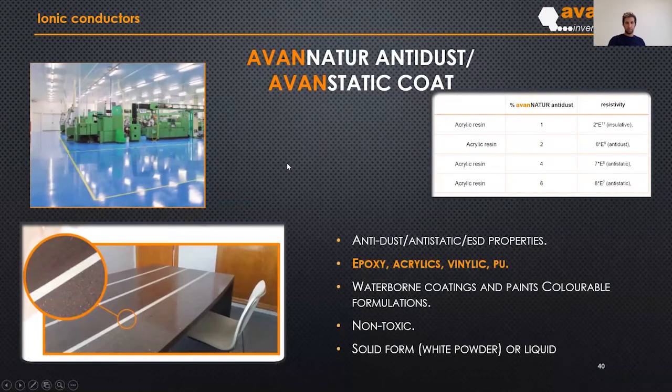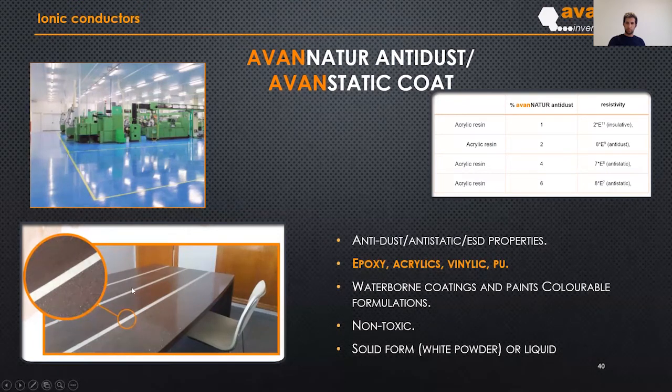Another application is directly in resin, for example, as an antistatic coating, for example in this factory, or here is a different use that is anti-dust. Anti-dust behavior means that, for example, the powder due to the static can be attracted to the system.